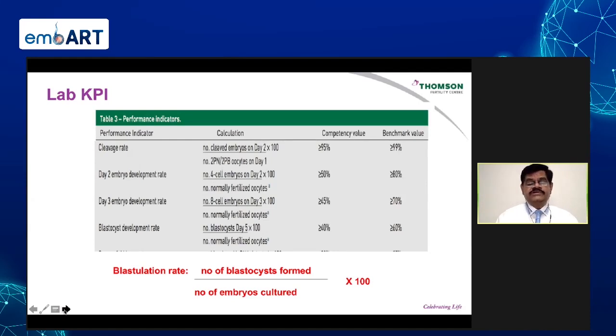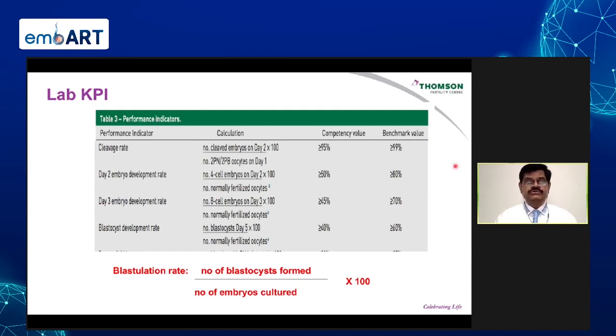And other performance indicators. After fertilization comes cleavage rate, number of cleaved embryos on day 2 upon number of 2 PN oocytes on day 1. So if you achieve more than 95%, you are very competent, and more than 99%, the benchmark is met, right?